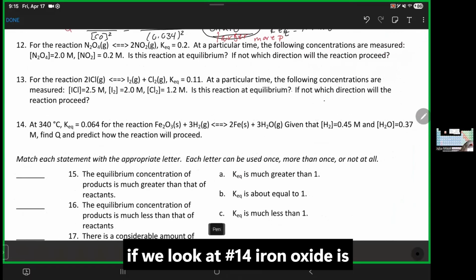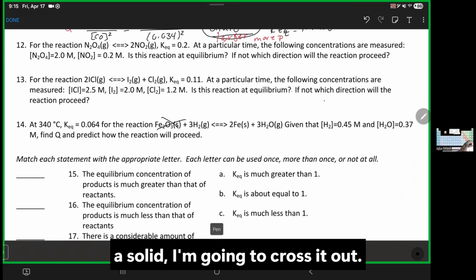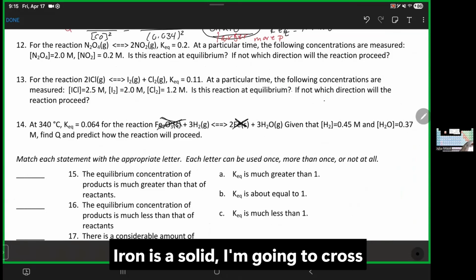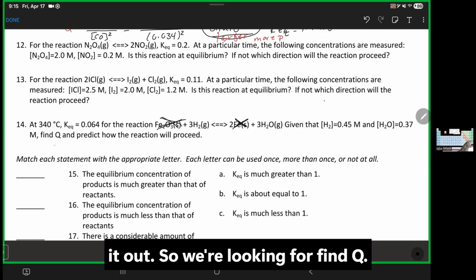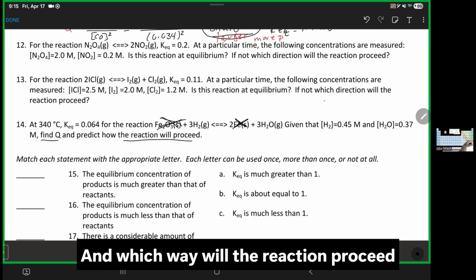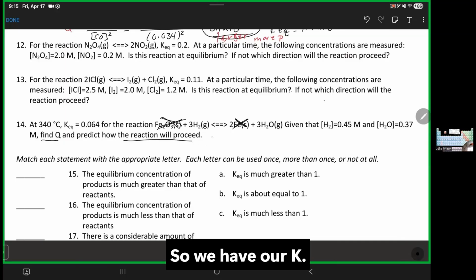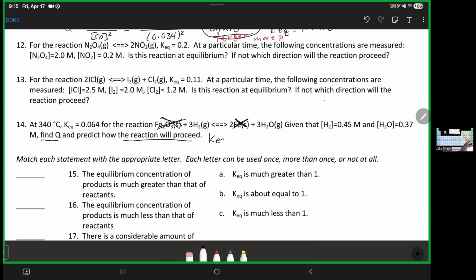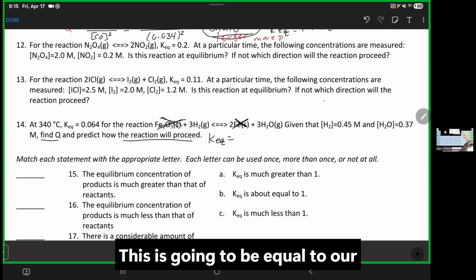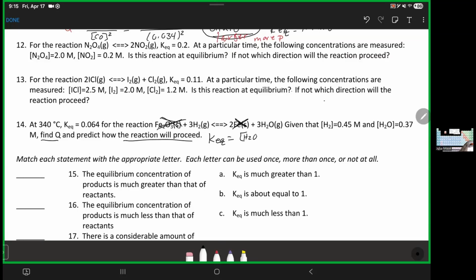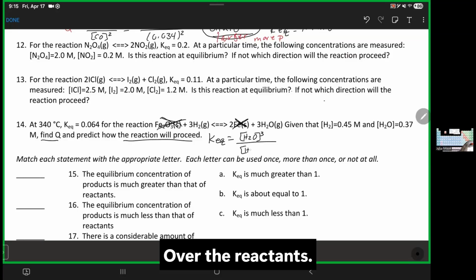Okay, so if we look at number 14, iron oxide is a solid, I'm going to cross it out. Iron is a solid, I'm going to cross it out. So we're looking to find Q and which way the reaction will proceed if it's not at equilibrium. So we have our K is going to be equal to our products over the reactants.